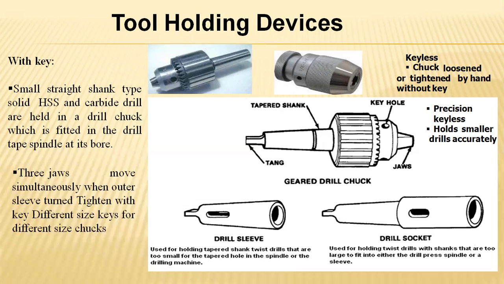Normally, we have three different jaws in order to hold the drill bits, particularly toward the drill sleeves and sockets for holding the entire shank in a perfect operational manner.